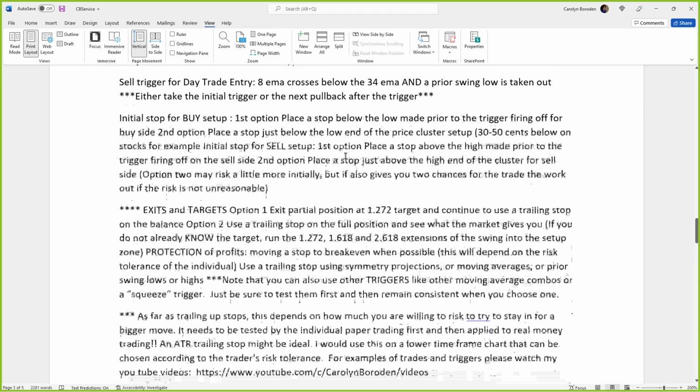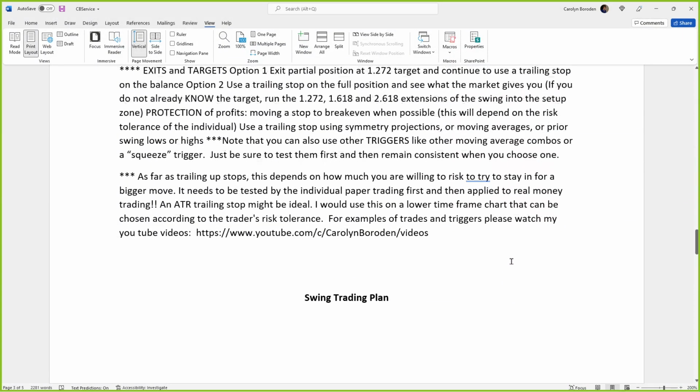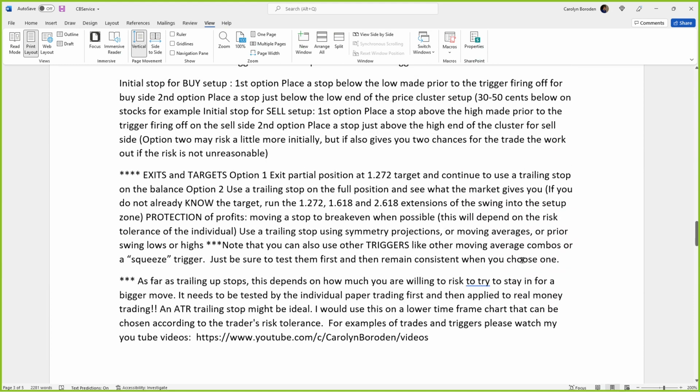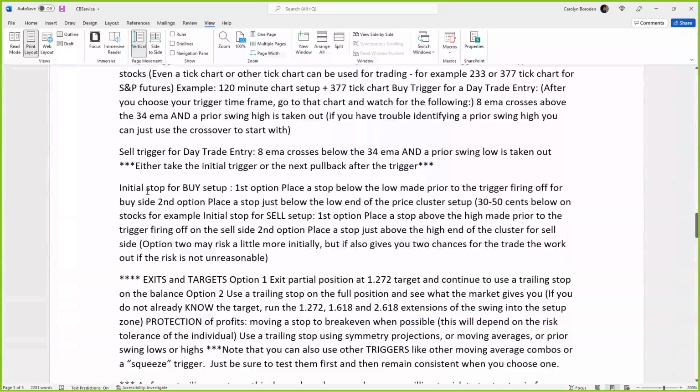So just go through these plans, and as far as stops, your initial stop for a buy setup would be to place it underneath the low made prior to the buy trigger firing off. The second option is to place the stop just below the low end of the price cluster. Okay, so either one of those is fine.